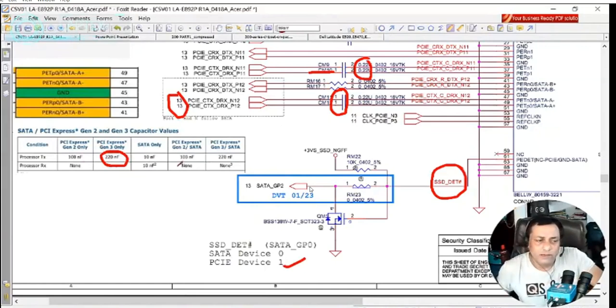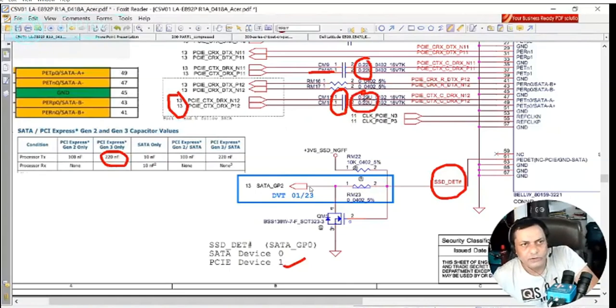You know very well there are cut marks on the SSD, M.2 and M.3. So it is telling you that it requires M.3, as the value given is 220 nanofarad, which is equivalent to 0.22 microfarad. So it will support M.3.